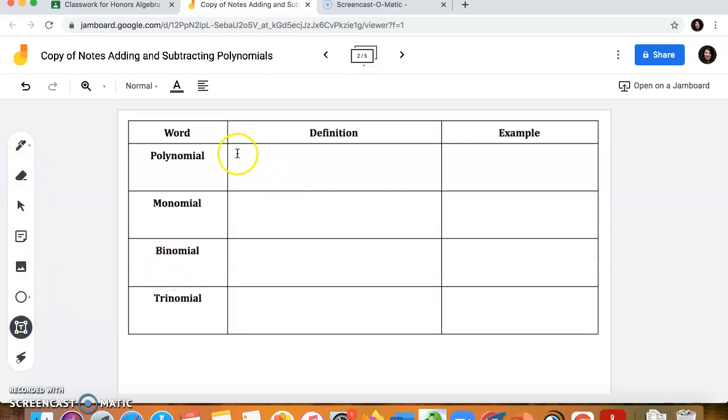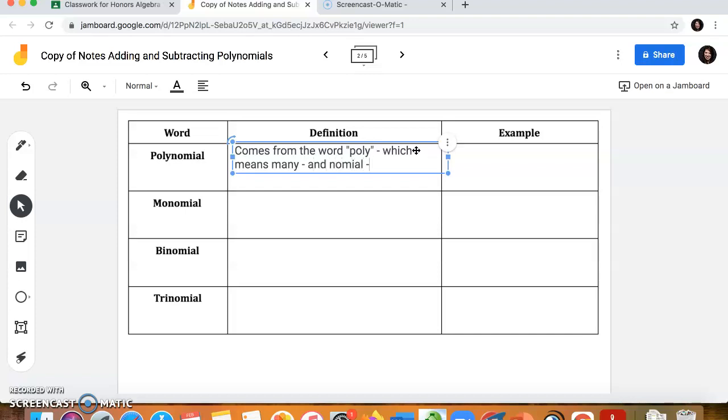A polynomial comes from the word poly, which means many, and nomial, which means term. So it means many terms.